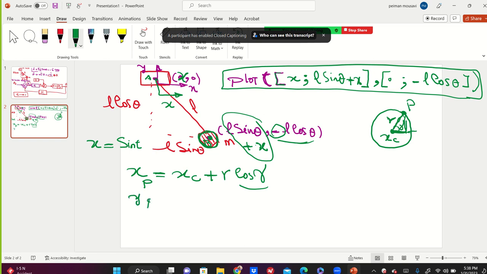And the y of that point is y of c, the y of the center, plus r sine gamma. What is gamma? Gamma is from angle 0, and we increment the step by 0.01 up to 2 pi, because this point moves around until 2 pi.